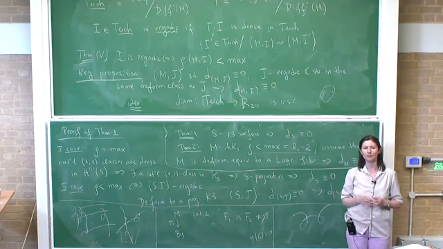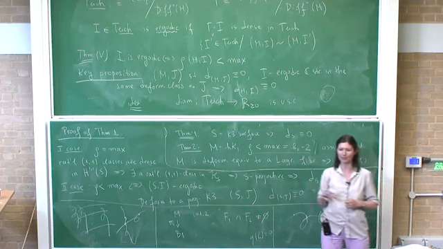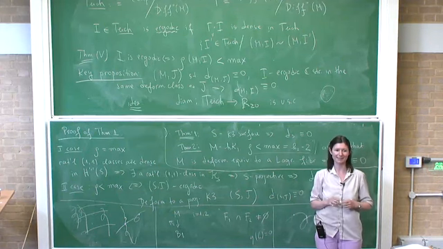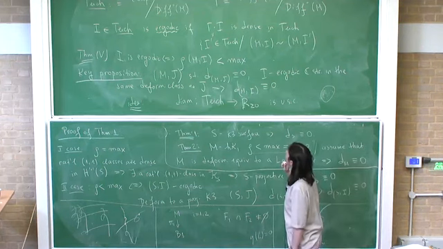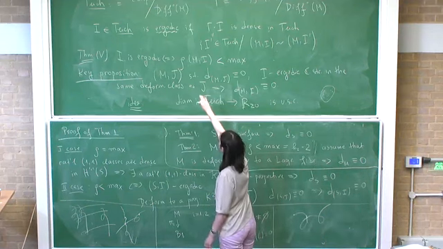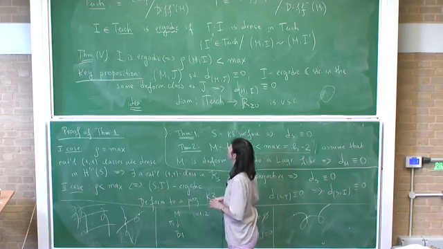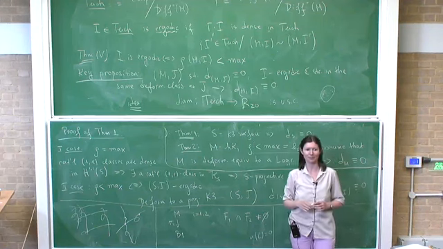And then Marina Ratner had some results about closures of orbits. And then he uses her results in order to prove this proposition, how to characterize ergodicity in terms of the maximality of the Picard rank.